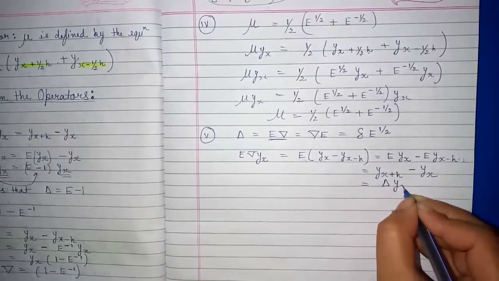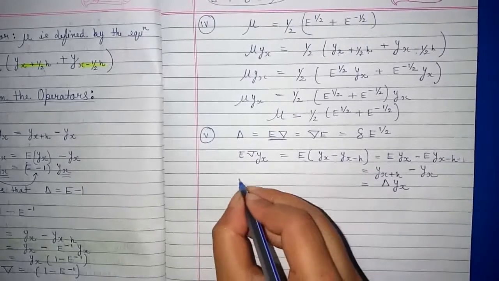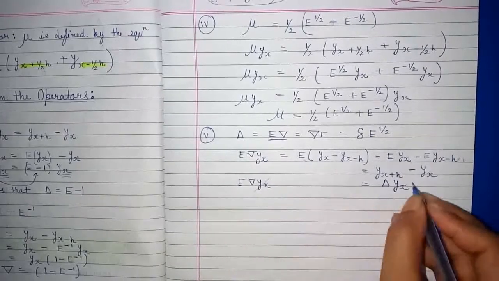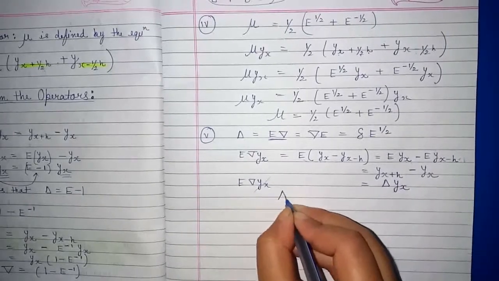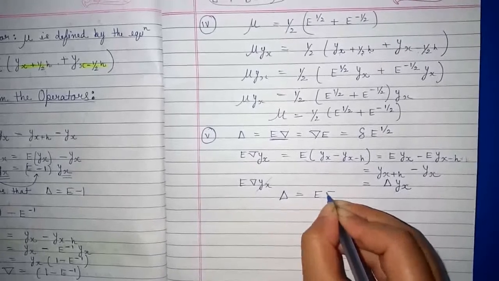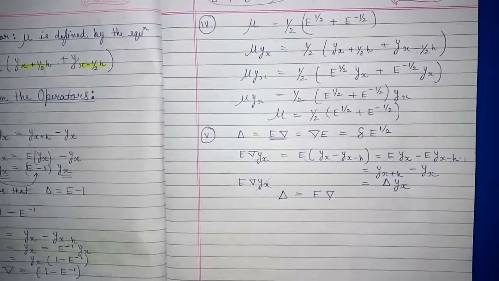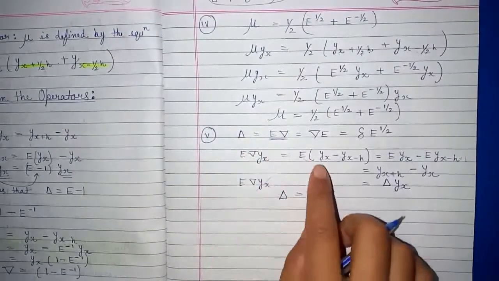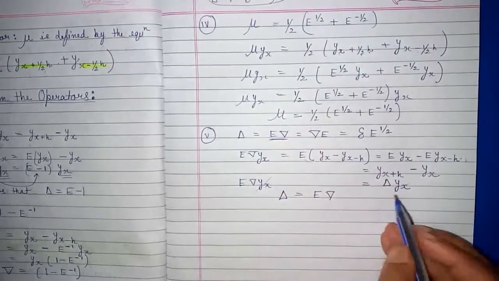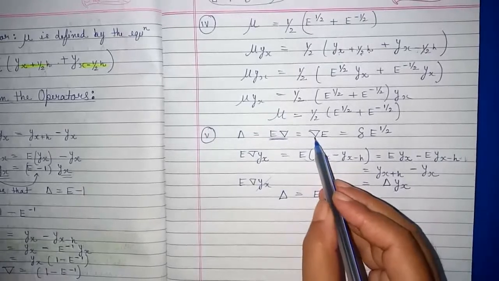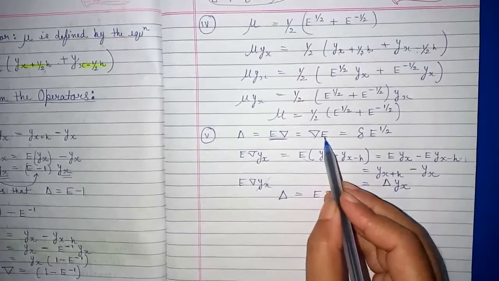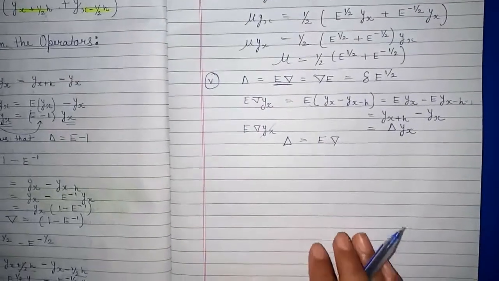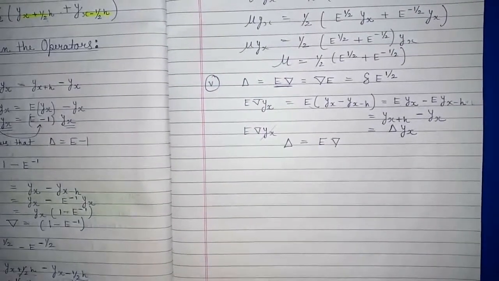The forward operator on yx, and we are writing it as del yx. So this shows that yx and yx will cancel out. This shows that the forward operator is equal to e times the backward operator. Similarly, you can show that the forward operator, this multiplication, if you use the backward operator first and then the shift operator, the same result will come. You don't have to do many more calculations.